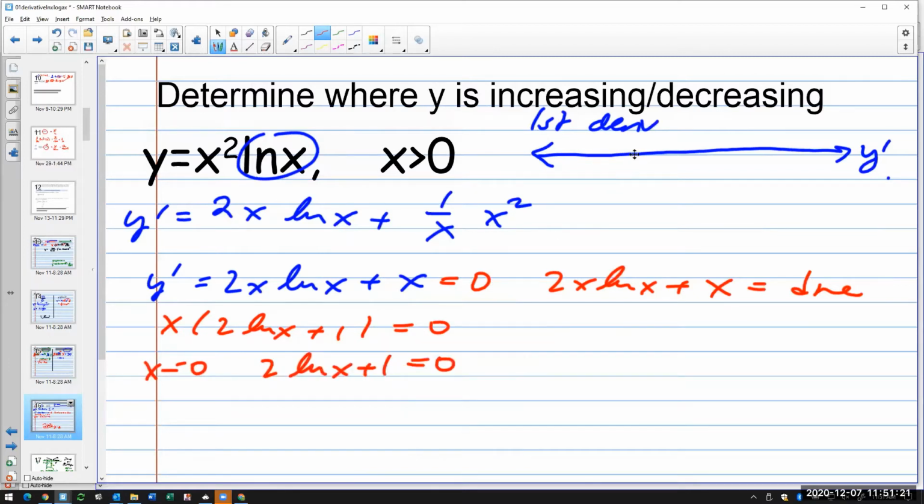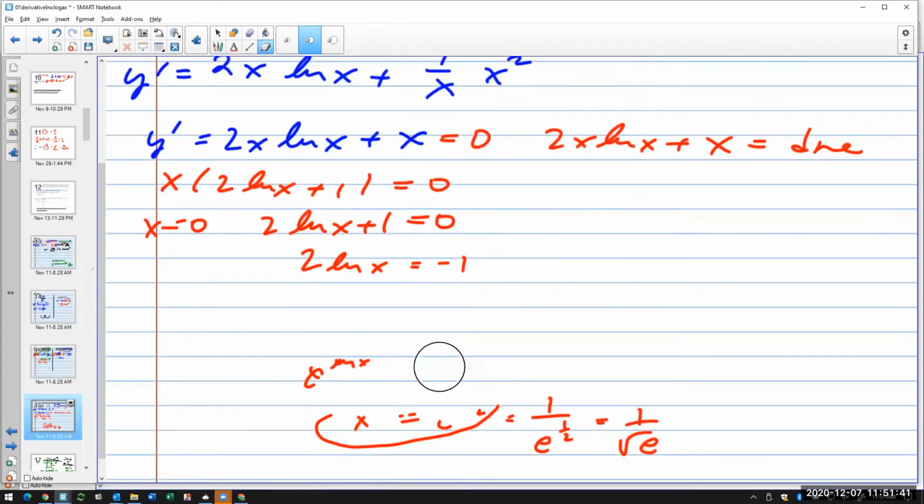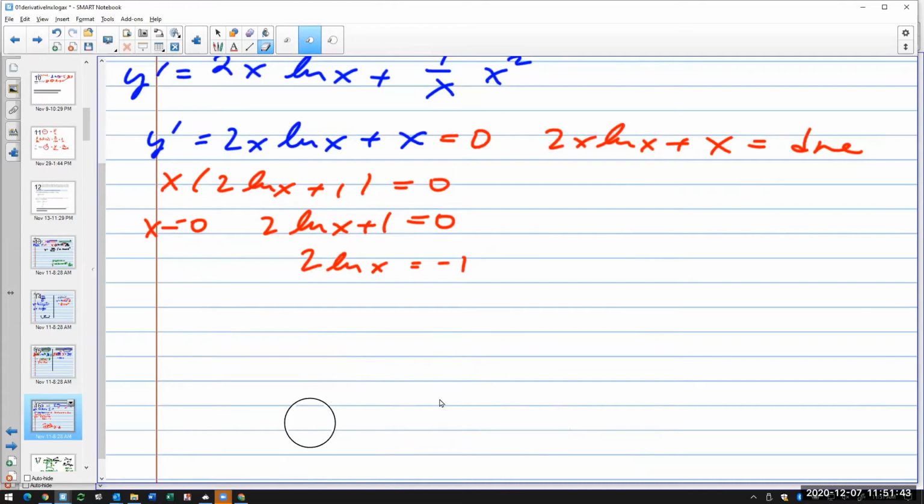But remember, what I want here is I want my critical points here. I want to know what x values would give me y prime equal to 0 or dne. So I can't just stop here. I need to actually solve for this x, okay? So what I'm going to do is I'm going to subtract 1 on each side, okay? I'm still trying to isolate the x. Any ideas about how to isolate this x?